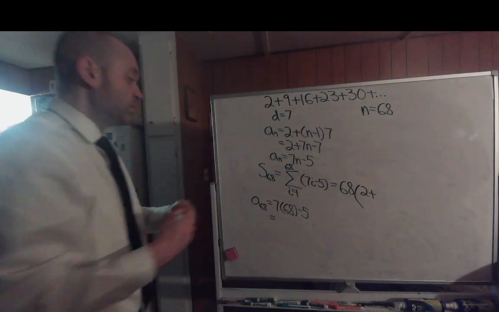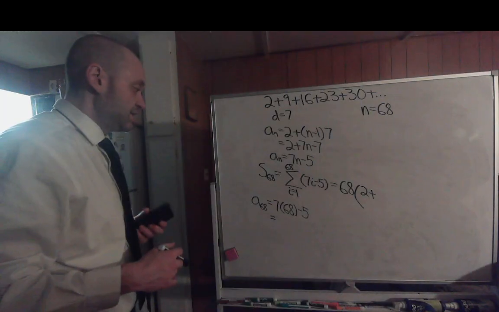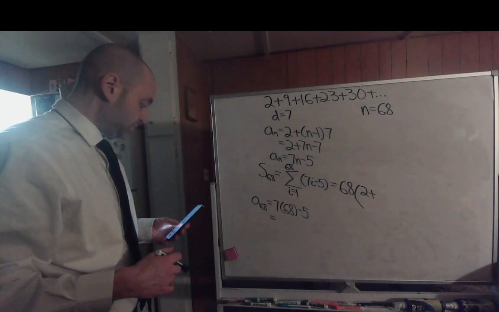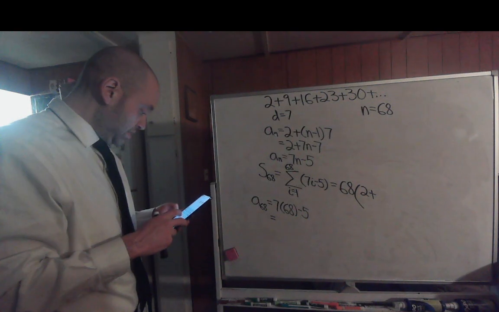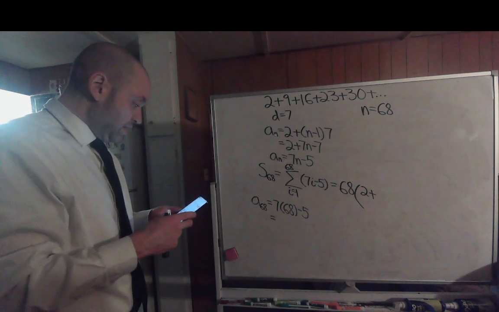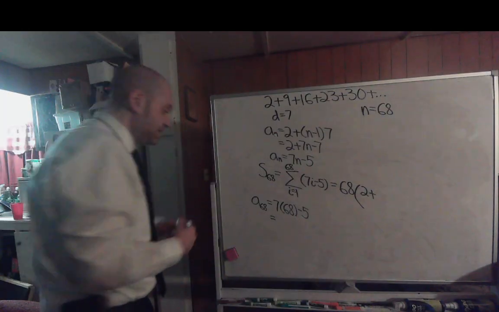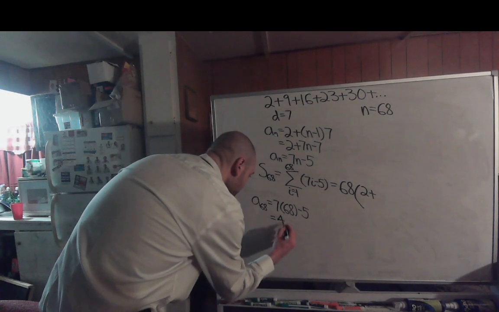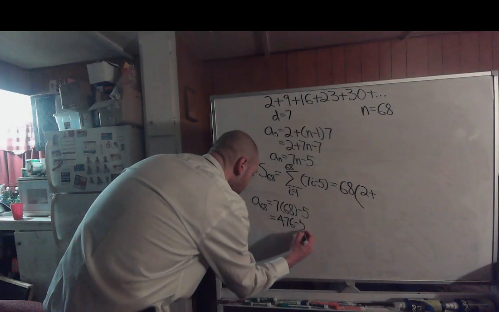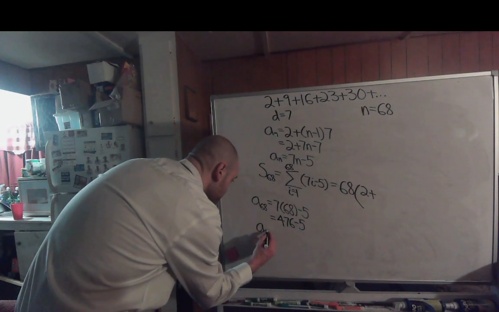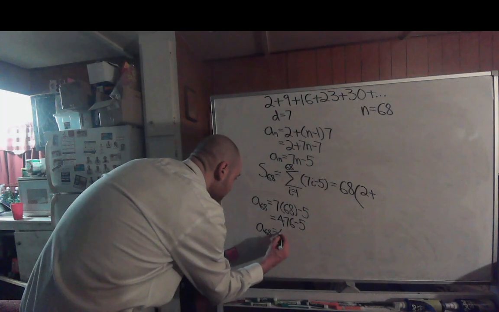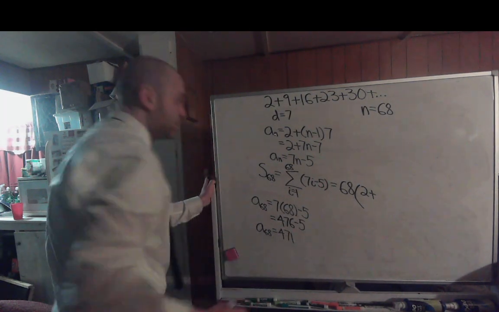So let's figure out what the heck 7 times 68 is. That's 476, so that would be 476 minus 5. So your 68th term would be 471.